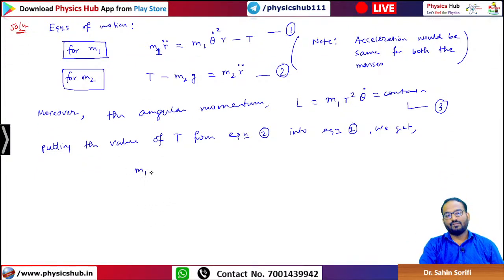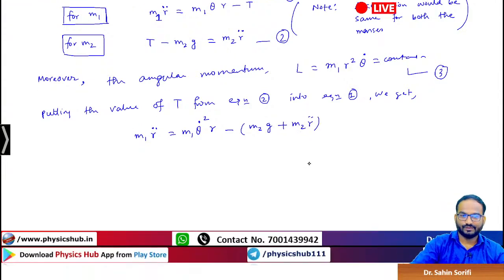So you see m1 r double dot is equal to m1 omega square, so theta dot square r minus T is equal to m2 g plus m2 r double dot. Okay.